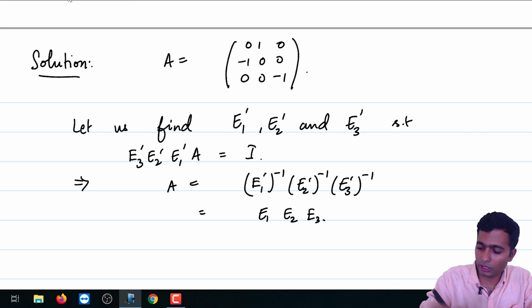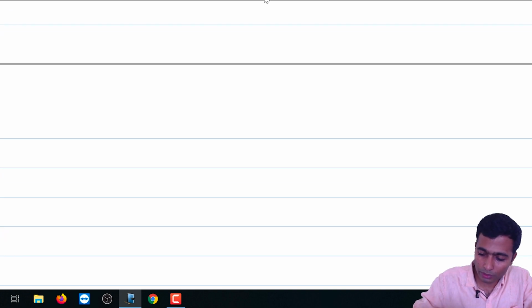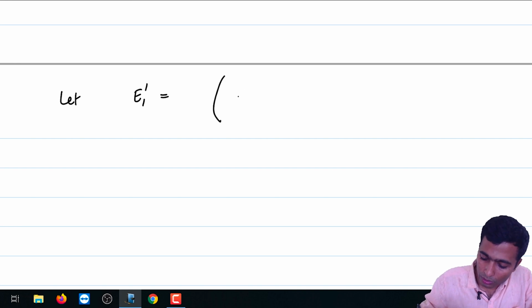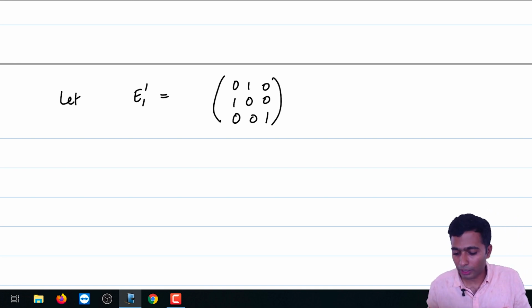What was the elementary matrix needed to exchange the first and second row? Let E1 prime be 0, 1, 0, 1, 0, 0, 0, 0, 1. This is precisely the matrix you need to multiply to exchange the first and second row.